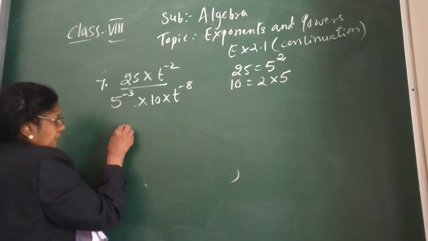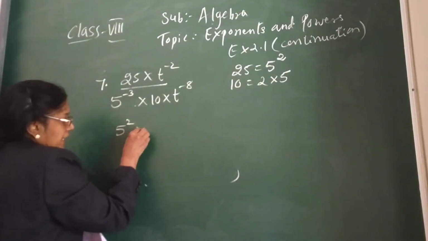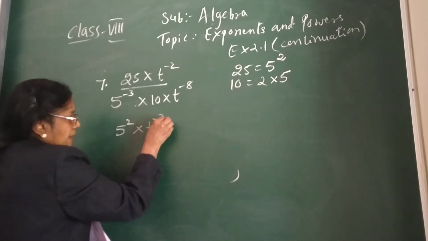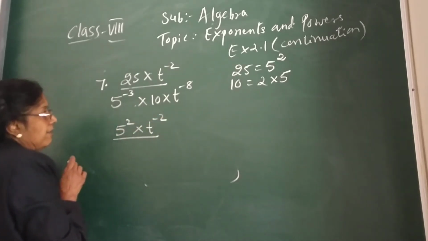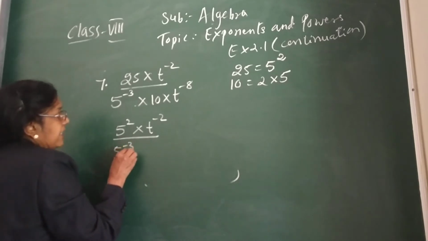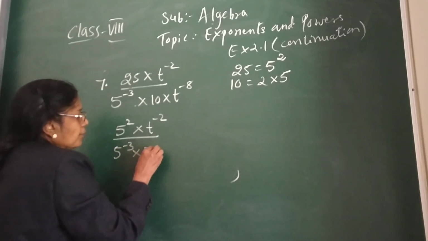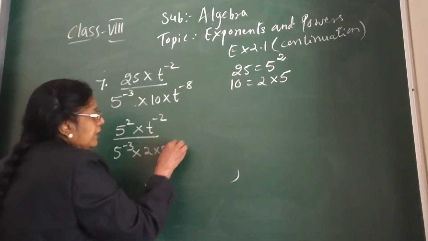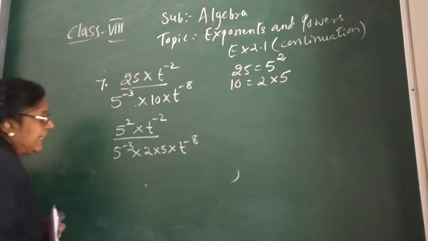So instead of 25 I write 5 square into t to the power of minus 2, divided by 5 to the power of minus 3 into 2 into 5 into t to the power of minus 8.